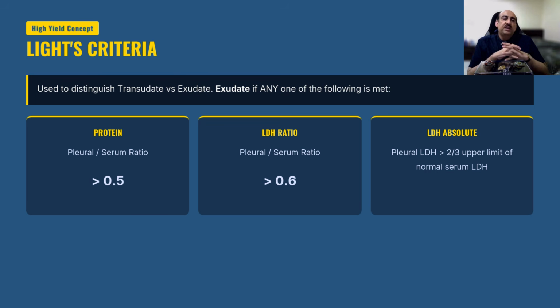So if any of the 3 criteria are met in the pleural fluid and serum analysis or comparison: if the protein ratio of the pleural fluid to serum is more than 0.5, LDH ratio of pleural to serum is above 0.6, or the pleural LDH is more than 2/3 of the upper limit of the normal serum LDH for that particular lab reference. So these are the 3 criteria. If any of them is met, then it's likely exudative effusion. For more details on the Light's criteria, dyspnea, shortness of breath, please refer to the modules in the acute dyspnea series, which are already on my channel.